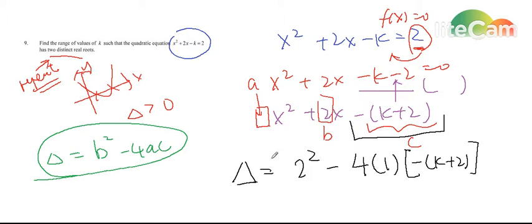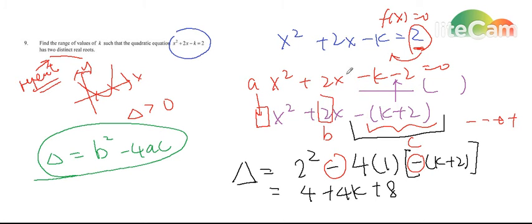Then we can simplify this data, so that we can write something like that. It is 4k plus 8, because here we can eliminate these two negatives, and negative multiplied by negative, we have the positive values. So we can write our solution like this.